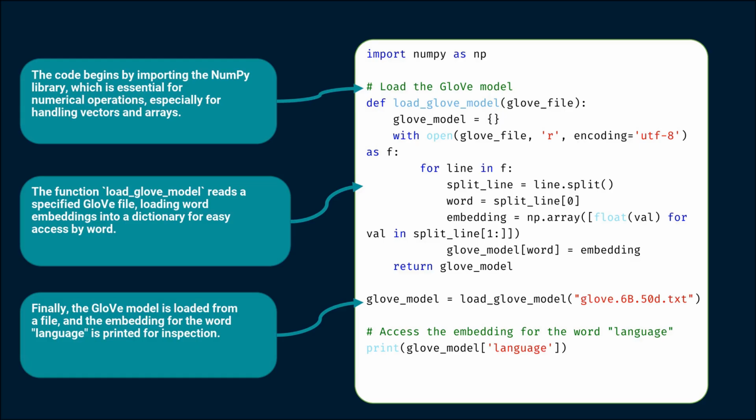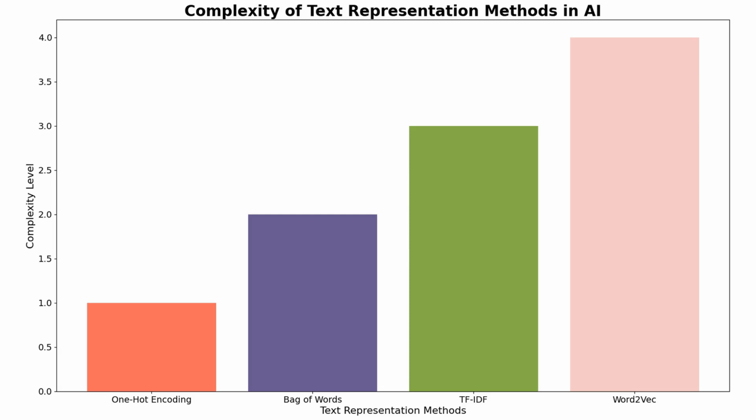Now, what's interesting here is the clear ascending pattern that shows a progression from the sparse, high-dimensional, and semantically naive representations, think of one-hot encoding, toward increasingly informative and dense vector representations like Word2Vec. So, what can we conclude from this?